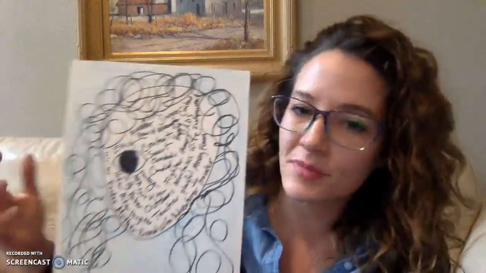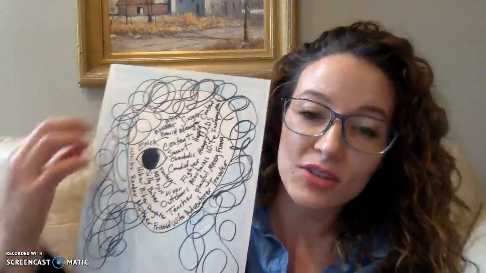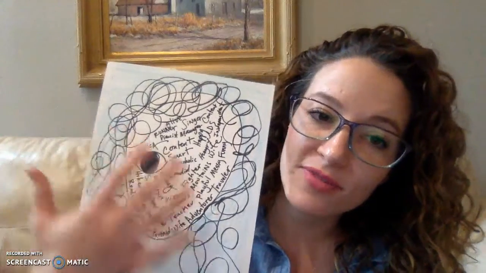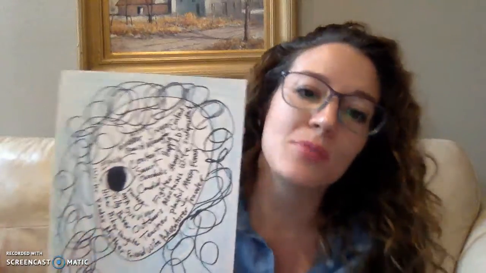You could have them draw what they look like physically, and then if you're talking about characterization in your class, you could have them fill that with character traits from that person in the book. You know, pick a character, decide what some of their character traits are, and then fill the space with it.